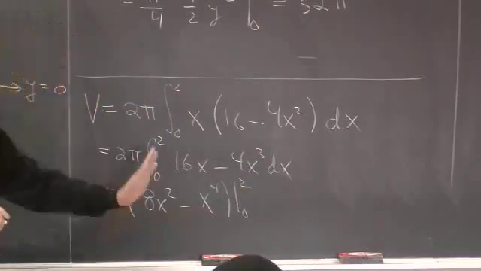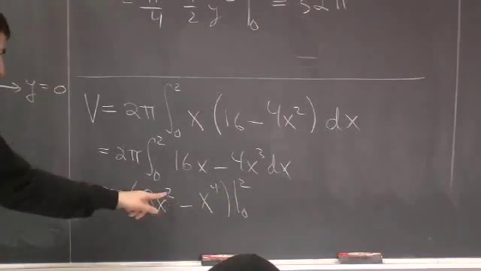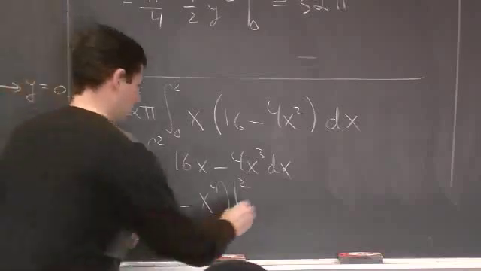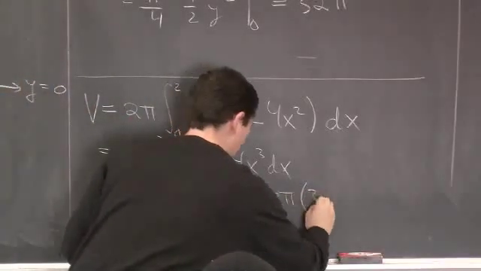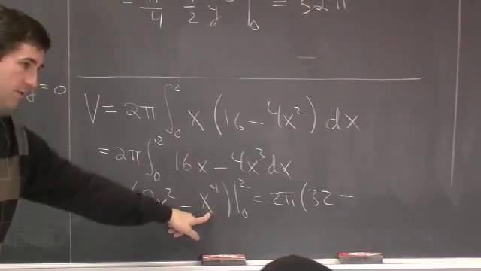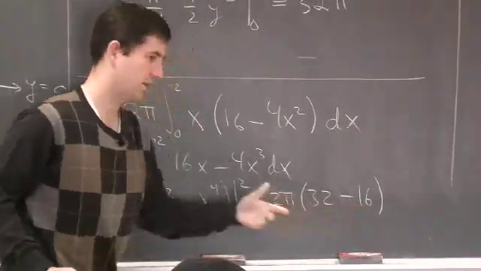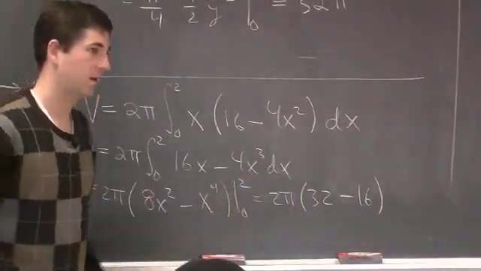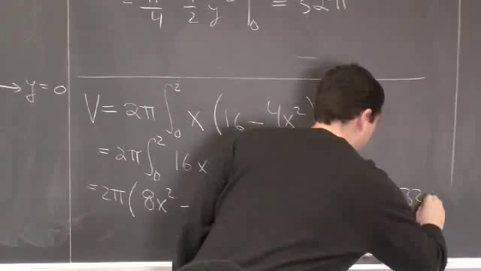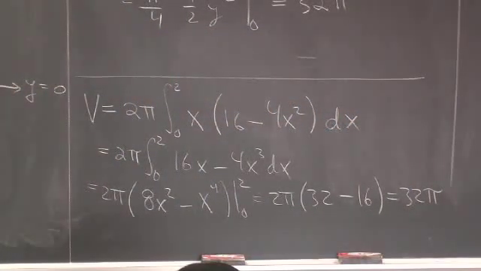When we put in 0, again, everything goes away. When we plug in 2, you get 2 squared is 4 times 8 is 32. And 2 to the 4th is 16. So 32 minus 16 is 16 times 2 pi is 32 pi. Okay, so again, both methods give you the same answer.